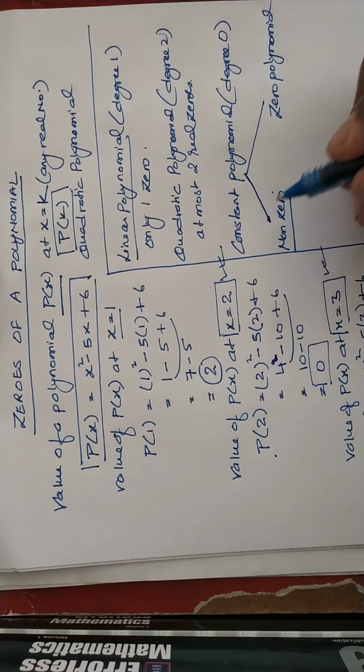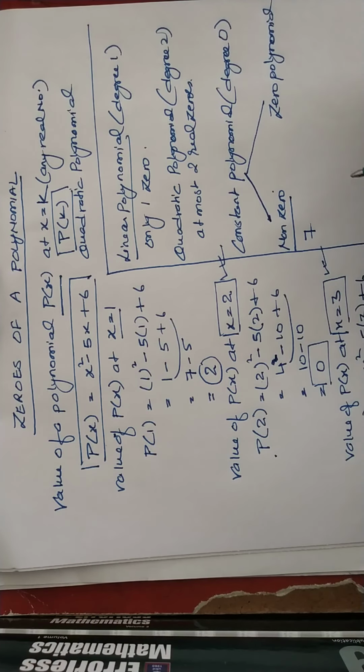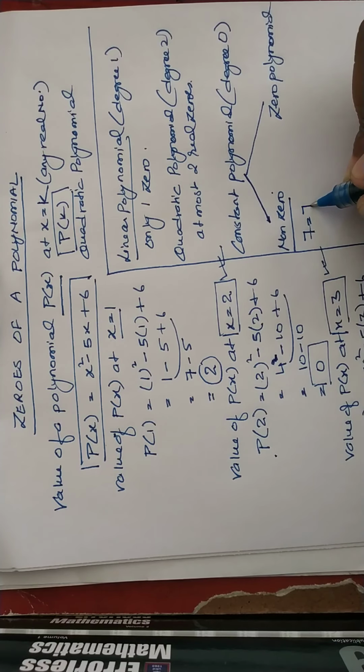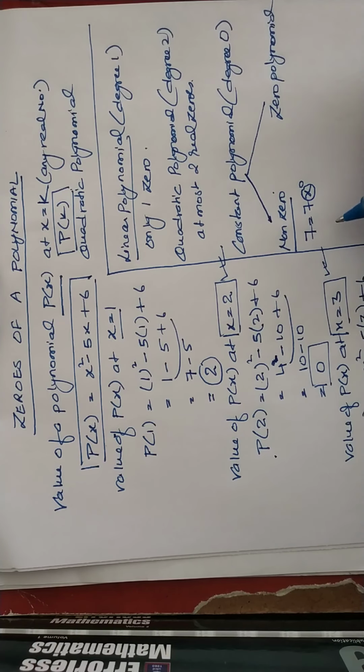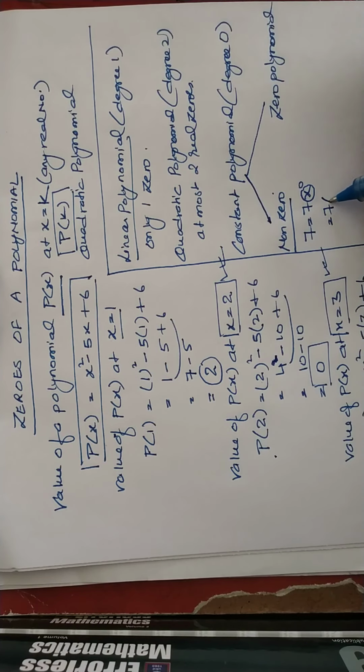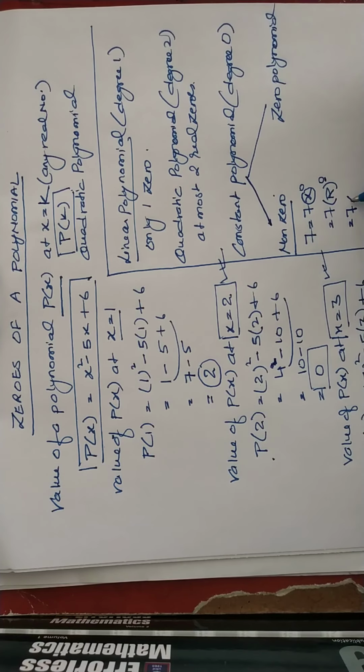Take an example of a non-zero constant polynomial, let's say 7. We can write 7 as 7x raised to the power 0. Even if we replace x with any real number, then as per the law of exponents, any real number raised to the power 0 comes out to be 1. So 7 times 1 is just 7.